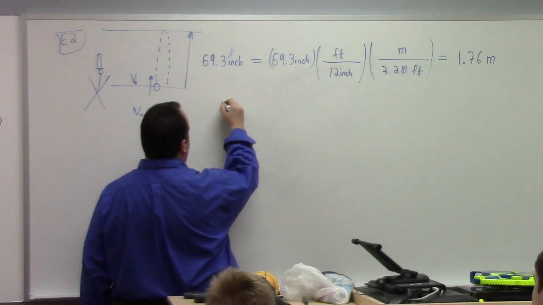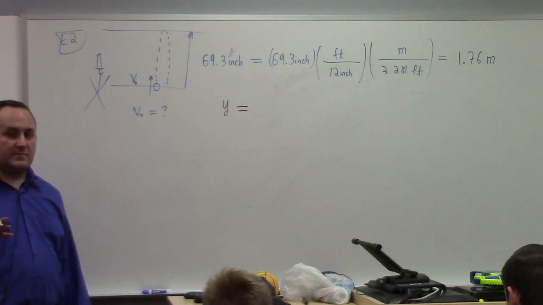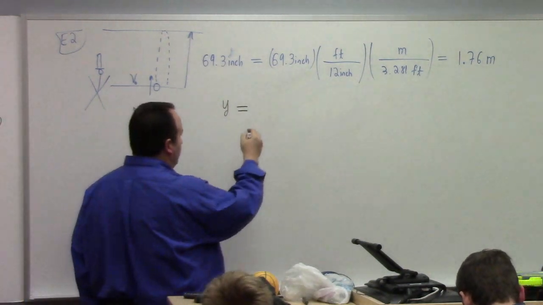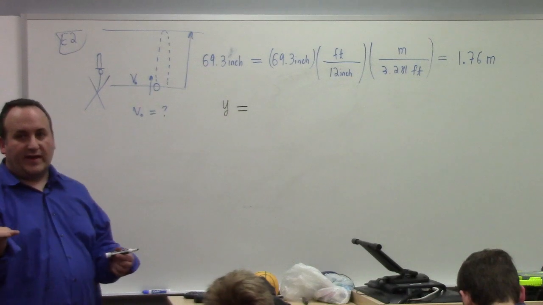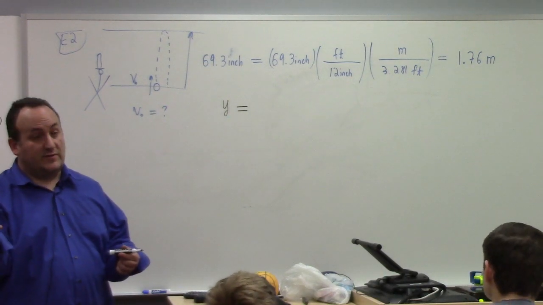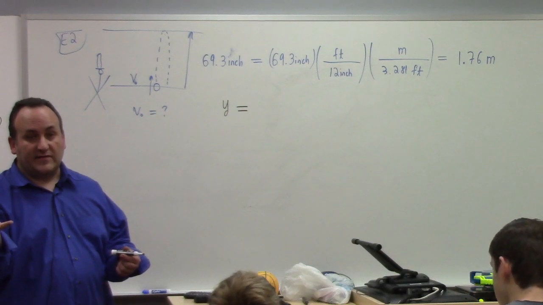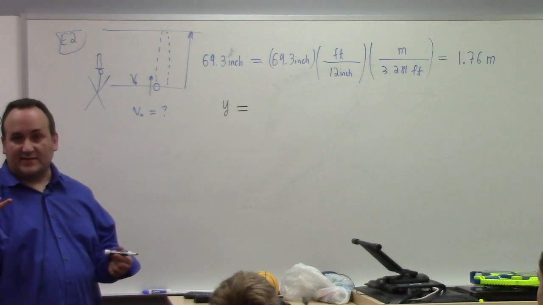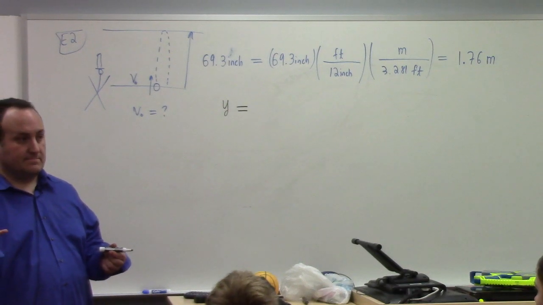So what we have is y. Let's write it down. y is equal to the initial position, right? So let's agree that where my hand was, you can set y sub 0 to be wherever you want to be 0. For the purpose of this problem, it's convenient to say y equals 0 is where I threw the ball from.